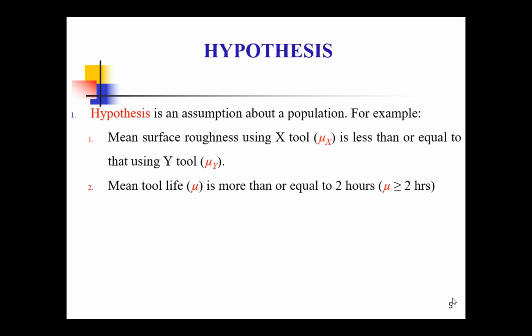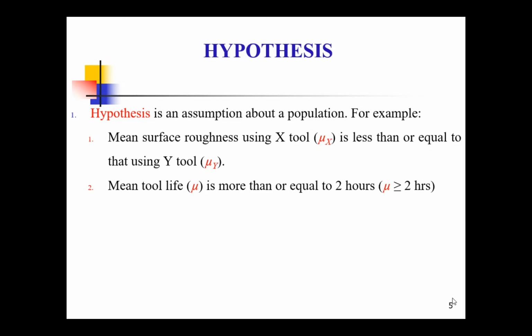For example, I am going to compare the surface roughness of a surface machined using two different tools. For example, an HSS tool, that is a high speed steel tool, or a carbide tool. So I am going to use two tools and machine a workpiece, and the surface roughness is compared. So the mean surface roughness of X tool is less than or equal to that of Y tool.